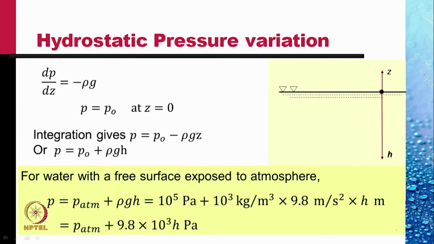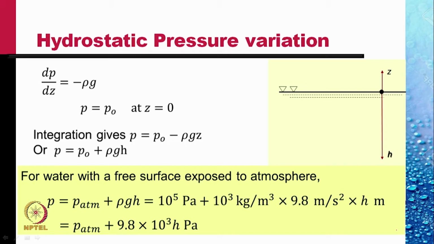For water with free surface exposed to atmosphere, P naught is P atmosphere, which is about 10 raised to the power 5 Pascal, and we plug in the value of rho, which is 10 raised to the power 3 kilogram per meter cube, and of g.